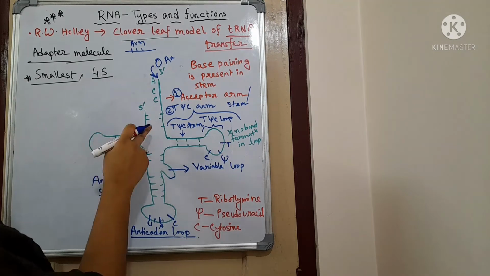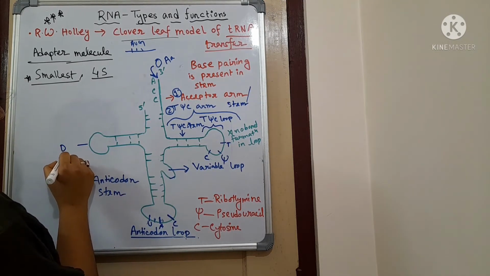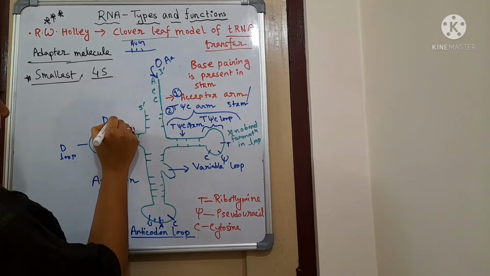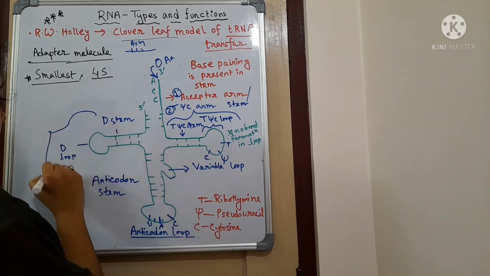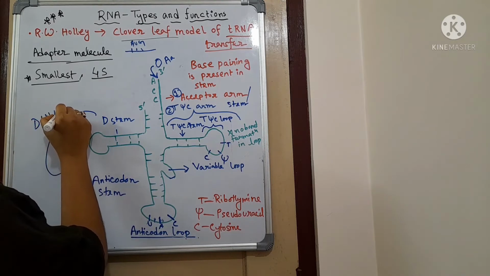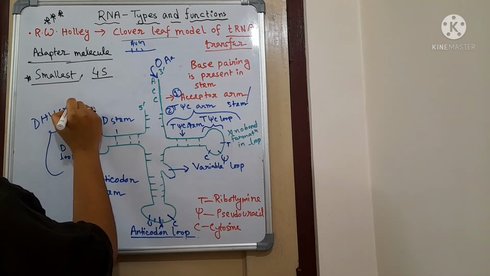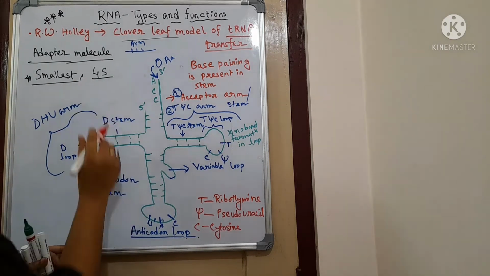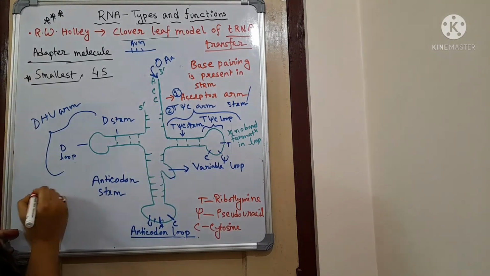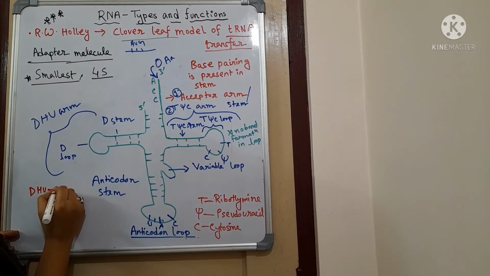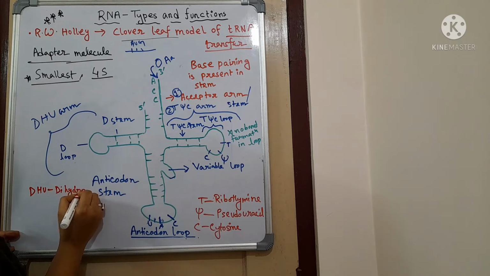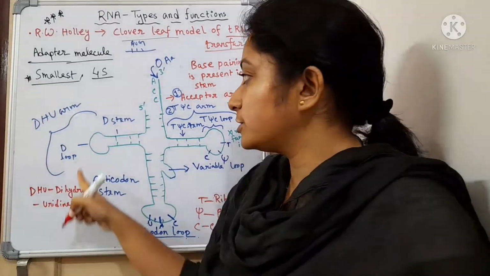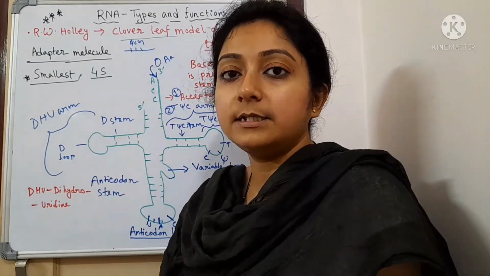And after that, this last one is known as the D loop, this is the D stem, and altogether these are known as the DHU arm. DHU means dihydrouridine, another unusual component present in the D loop and D stem, that is, the DHU arm.